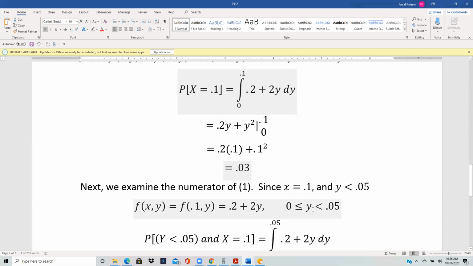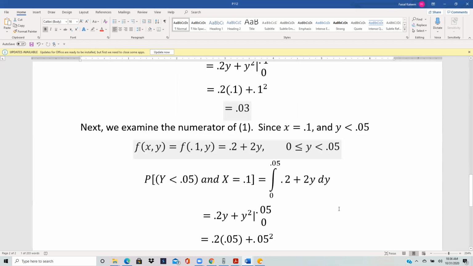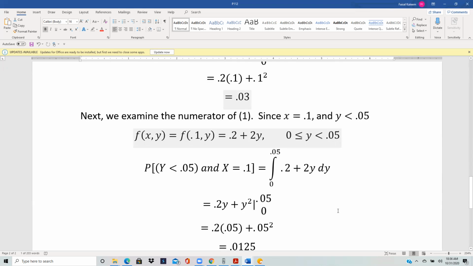So Y is greater than or equal to 0 and less than 0.1, and then we have Y greater than or equal to 0 and less than 0.05. So the overlap of the two is Y less than or equal to 0.05. In overlap, you just take the common region, which is obtained by taking the smaller Y bound.